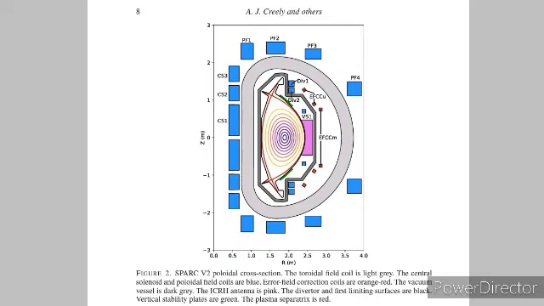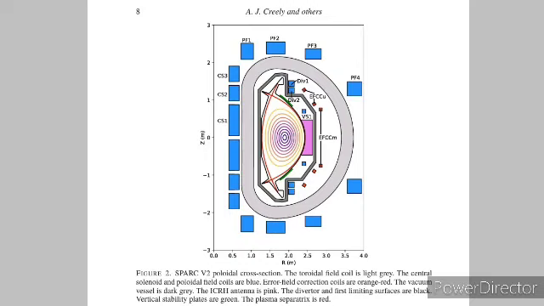The vacuum vessel has 3 ports at each toroidal location, 1 midplane port and a symmetric pair of ports above and below. The divertor is toroidally continuous and tightly baffled to contain neutral particles in the divertor volume.